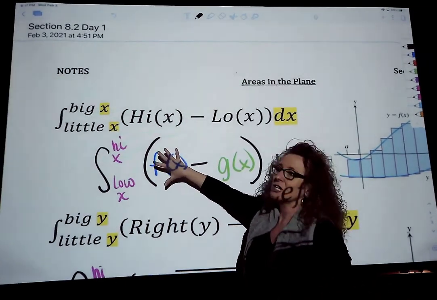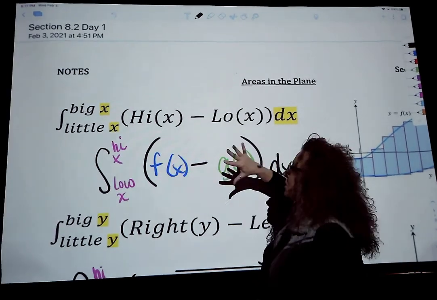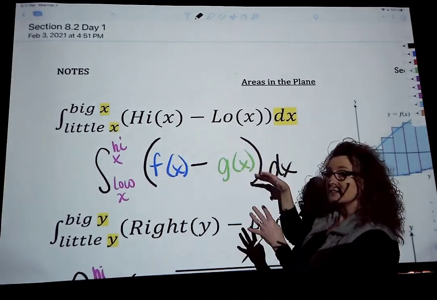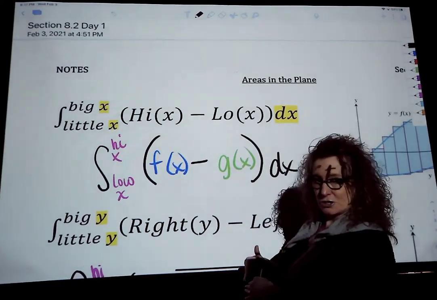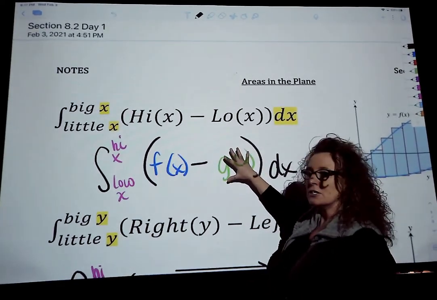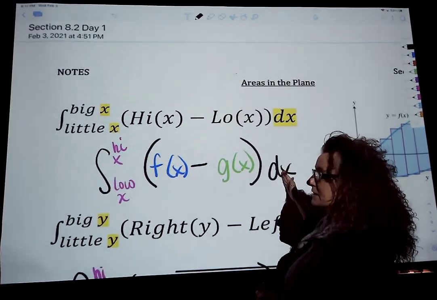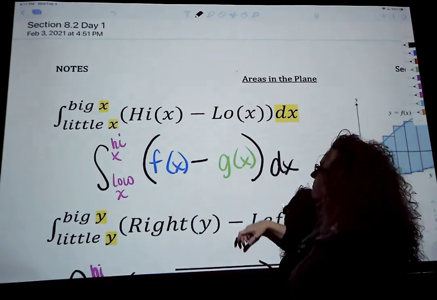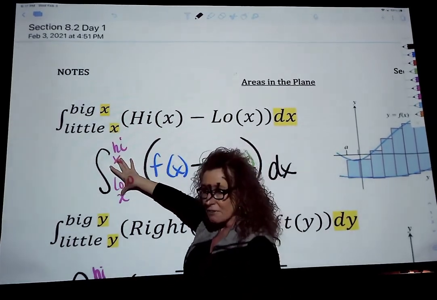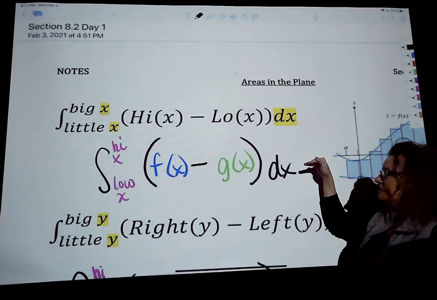This is a function in terms of x. So you've got x's as your variable here. You're subtracting the entire lower function. You may need to put an extra set of parentheses in there. This is a function in terms of x, and the dx on the end just ties it all together. These are x values, these are x's in your equations, and this is dx back here.